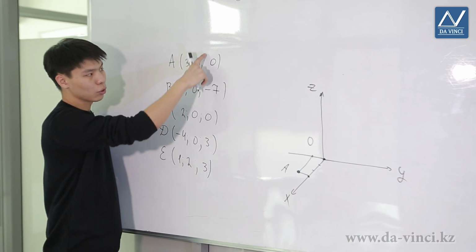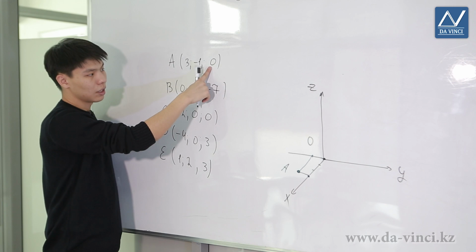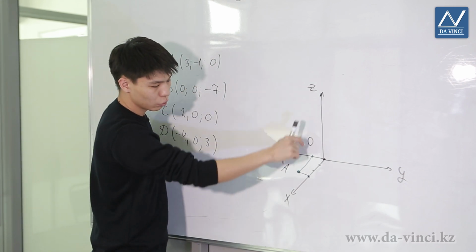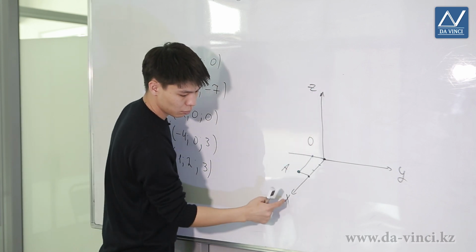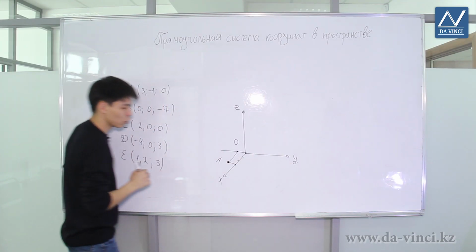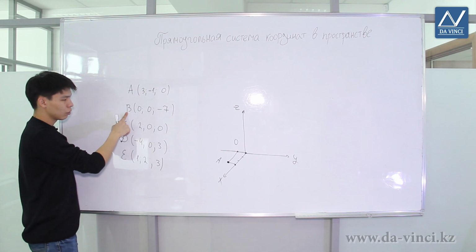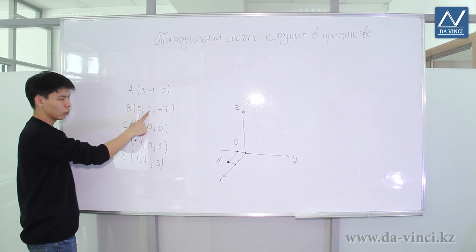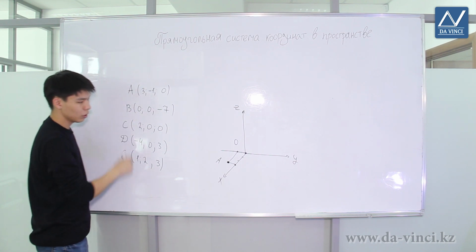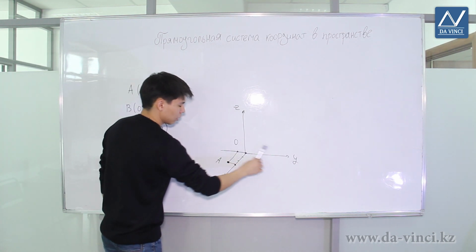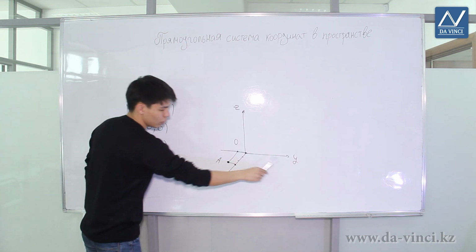Let me remind you once again that if the third coordinate is 0, then the point lies in the XOY plane. If the x-coordinate is 0, it lies in the plane that contains the other two letters. Point B has x-coordinate 0, y 0, z minus 7. If x-coordinate is 0, then it will lie in the plane OYZ.